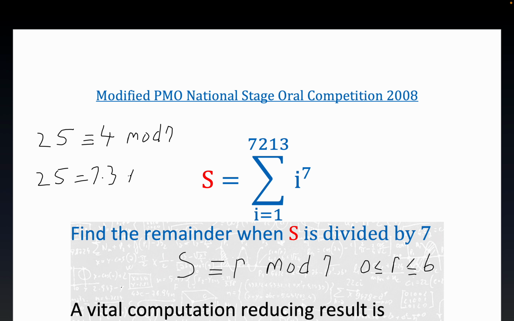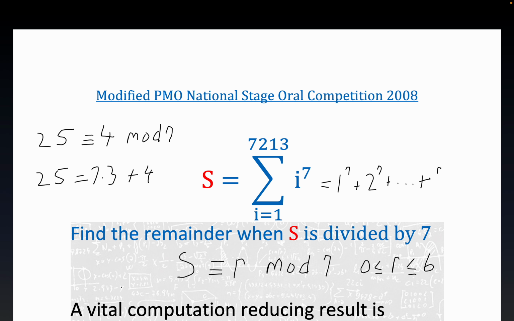Now, just to get a grip on the size of this number, the very first term in here would be 1 to the 7th power. That's easy enough to handle, right? The second one would be 2 to the 7th power. Let's do the customary ellipsis to indicate a bunch of stuff we can't possibly write down.